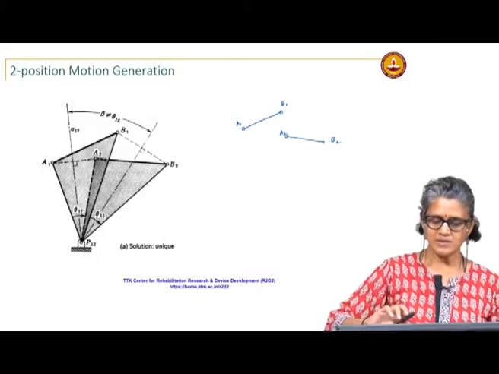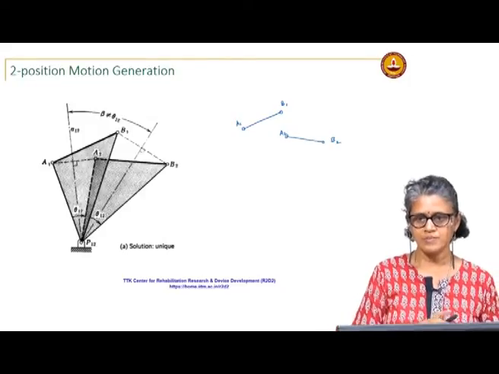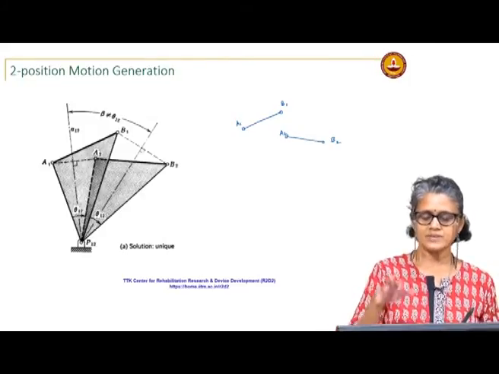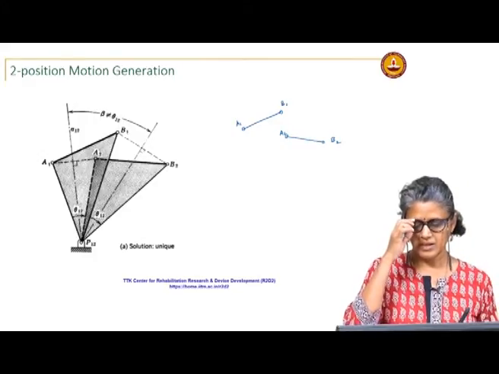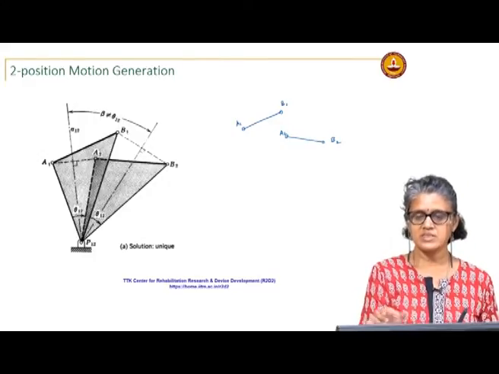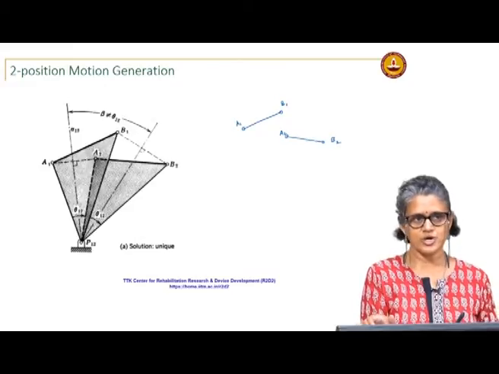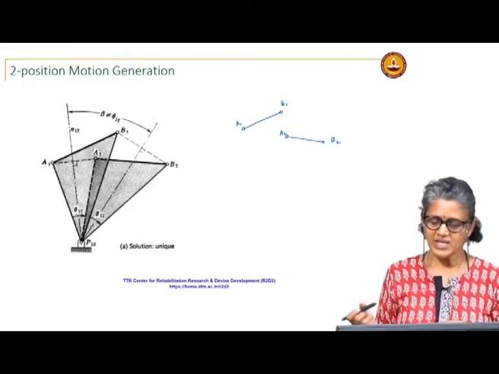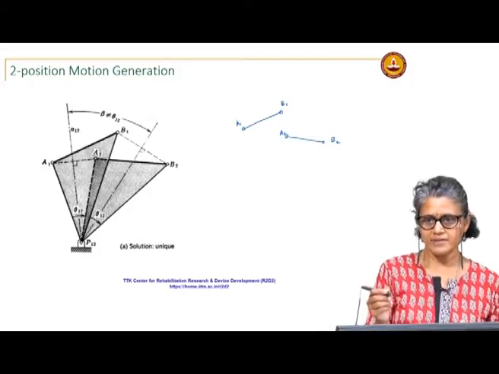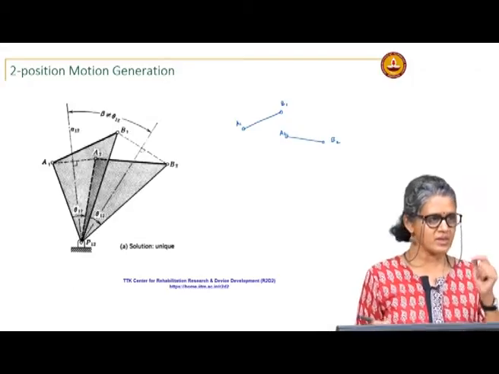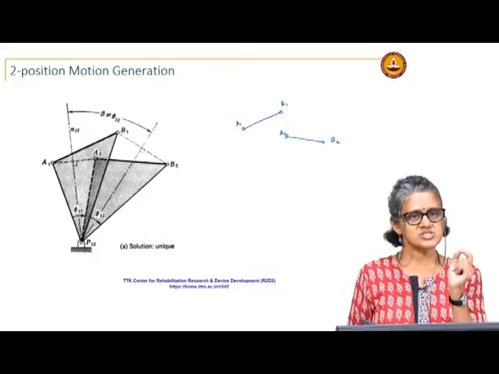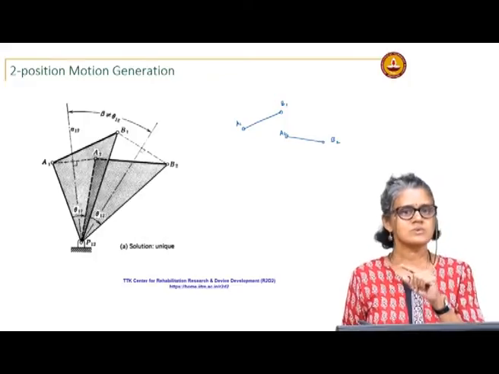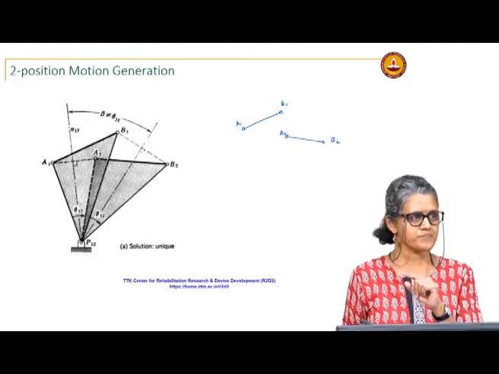If I look at these 2 positions of a rigid body, I can actually identify a point on the plane for which the position does not change for the 2 positions of the rigid body.